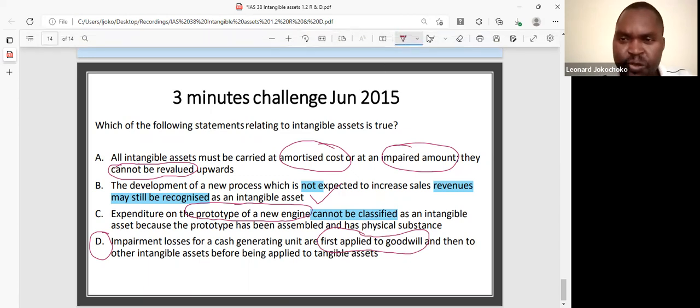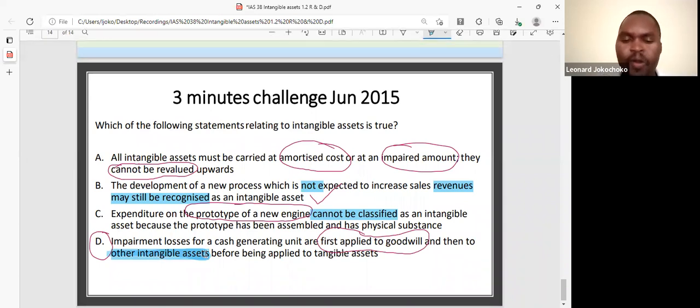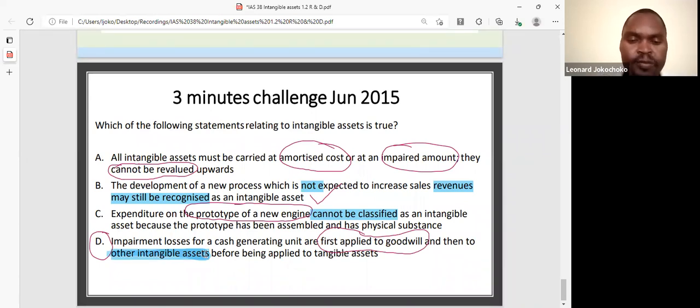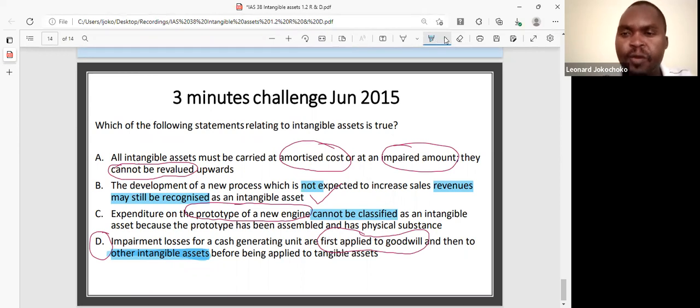However, it is not correct that this should then be allocated to other intangible assets. The standard says it must be allocated to all other assets, whether intangible or not. Item number D is wrong. Therefore, as we discussed earlier on, the correct answer here is only B.